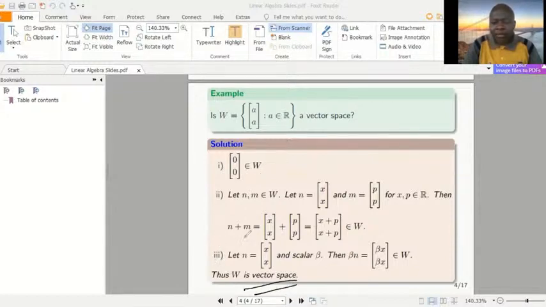And the other thing that you must have noticed from this example is that to show that a set is not a vector space, you need to use specific examples and show that using those examples, a certain condition is not satisfied. But to show that a set is a vector space, you are not using specific examples, but you are using arbitrary vectors.